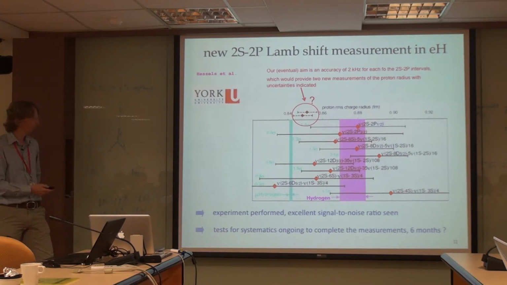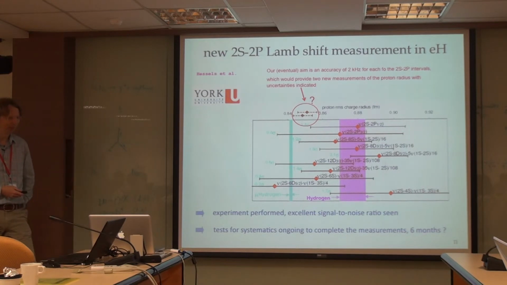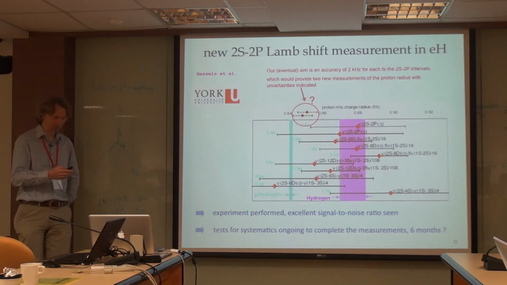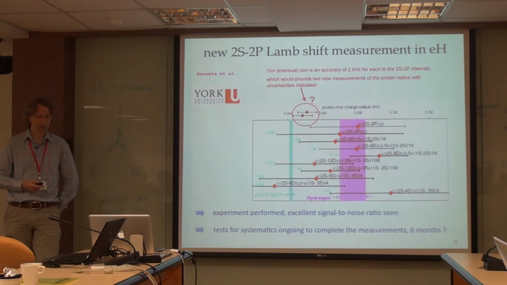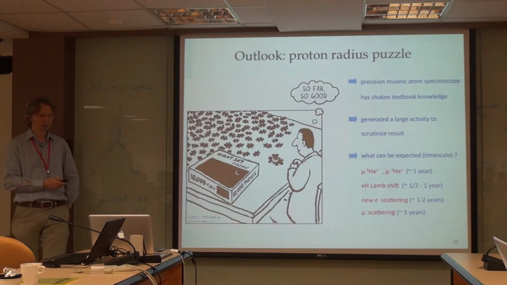So one has to see. I think this is one of the most important pieces of information at this point in time, which can shed further light on this. So hopefully, the people who analyze this are saying that within 6 months these results should come out. So I think we will see.